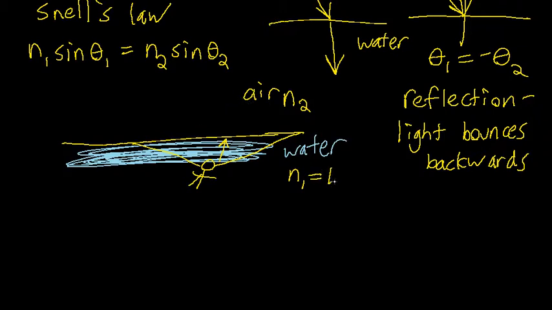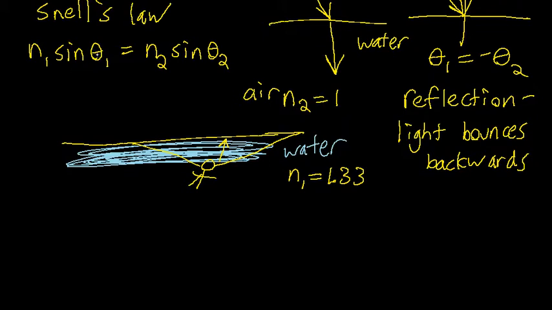So N1 equals 1.33 in this case, and N2 equals 1. Now let us make the angle really steep for the ray in the water. In fact, let's say that the angle is close to 90 degrees.